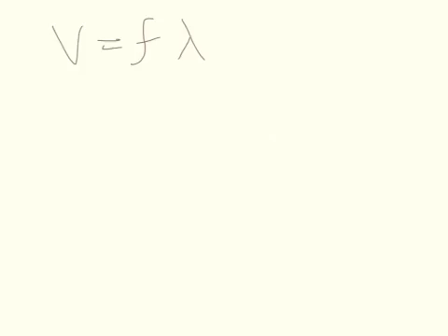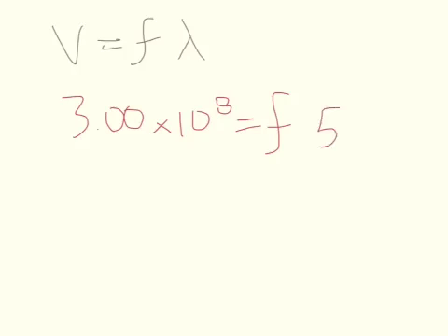So velocity equaling 3.00 times 10 to the 8th is going to equal the frequency times the wavelength of 5.45 times 10 to the negative 7th.